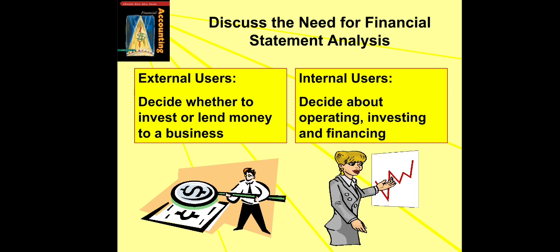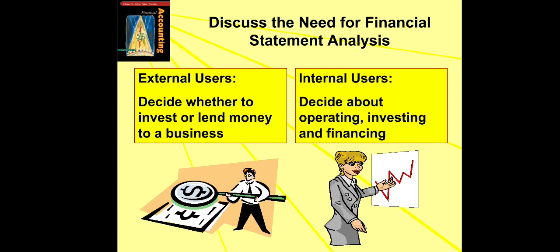So investors are one of the parties that do financial analysis before they invest in any company or any business. They will analyze the financial statement first. Why do they do the financial analysis? To make an investment decision. They want to do the analysis and then decide whether or not to invest in a business or in a company. That is one group of external users.